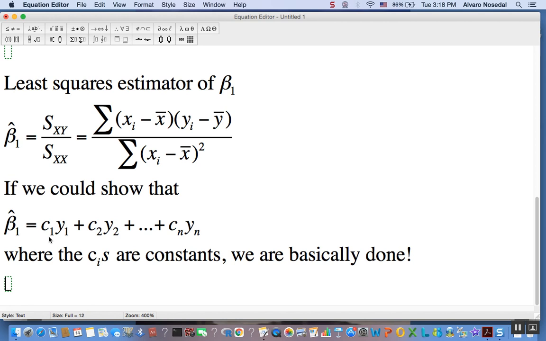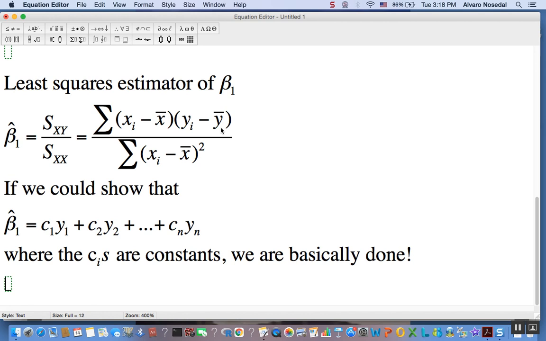So an intermediate result will be that this numerator in the expression that defines beta1 hat, the sum of xi minus x bar times yi minus y bar, turns out to be the same as an expression that only has to do with yi's.